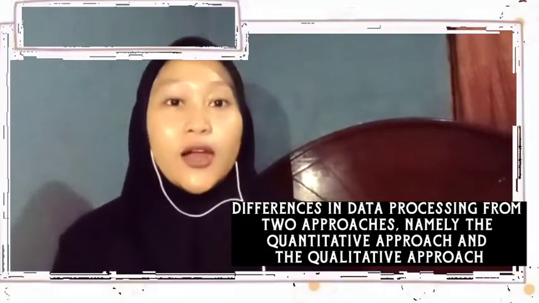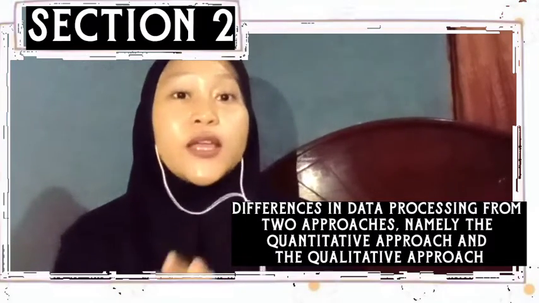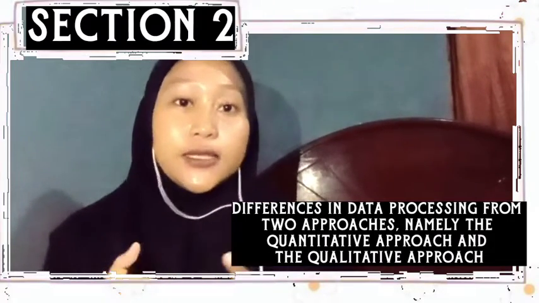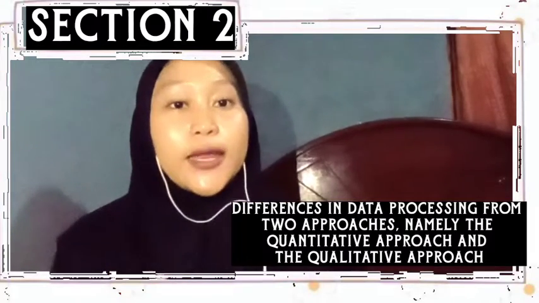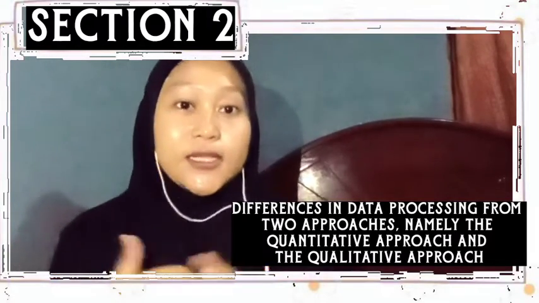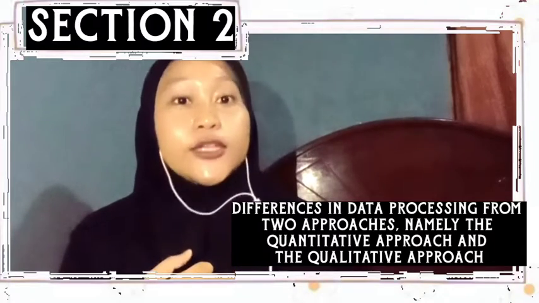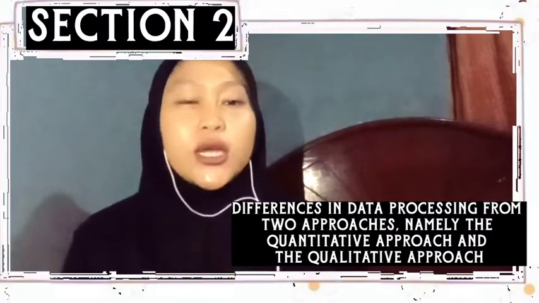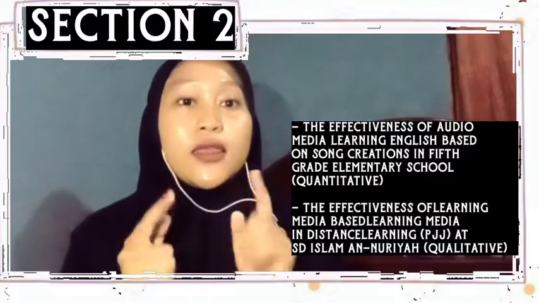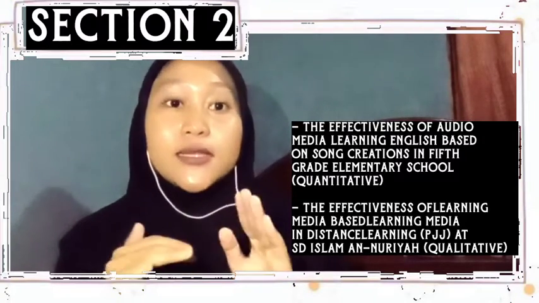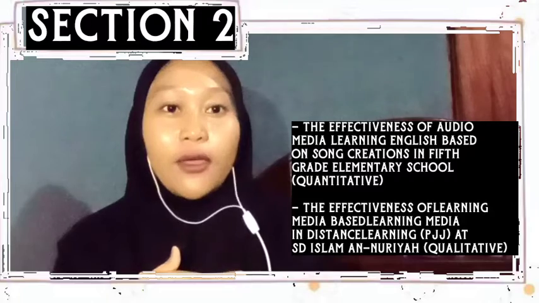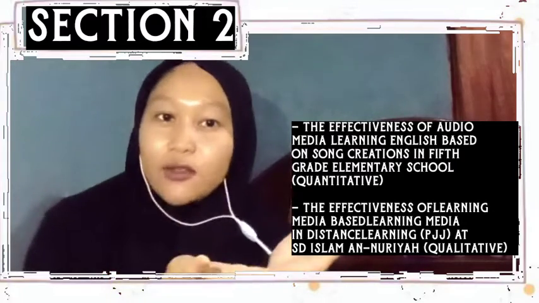The following are 2 examples of difference in the data processing from 2 approaches, namely the quantitative approach and the qualitative approach. In this section, I review 2 articles. This is the article. These are the 2 articles. For the article, you can also click the describe text.